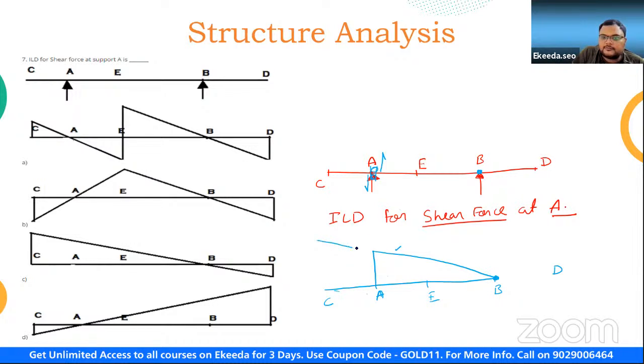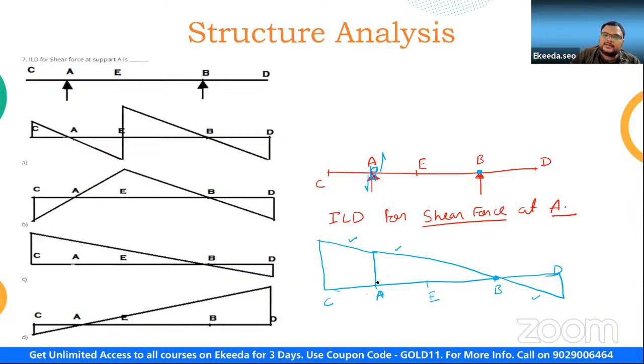See here, if we extend it up to point C, then only are we going to get the same slope here. So this is going to be the influence line diagram, and similarly we are going to have the same slope on this side also. So to get the same slope, it is going to be drawn like this.